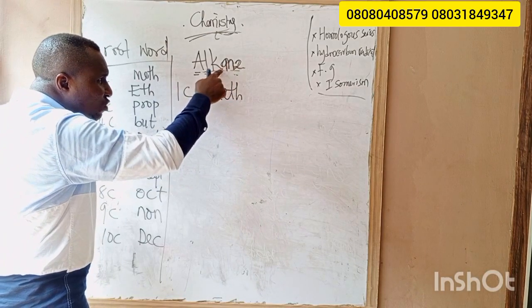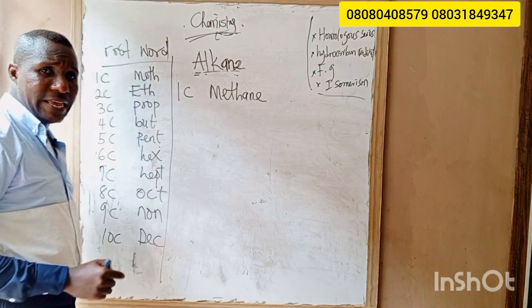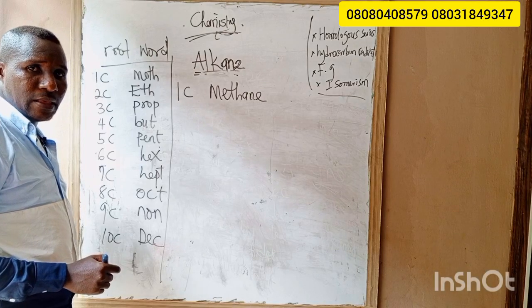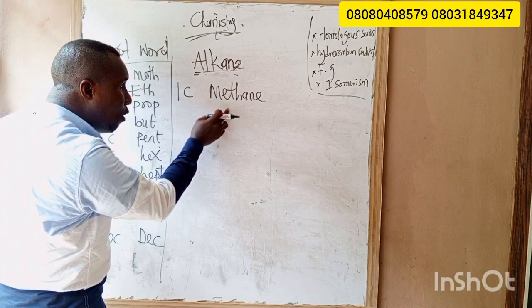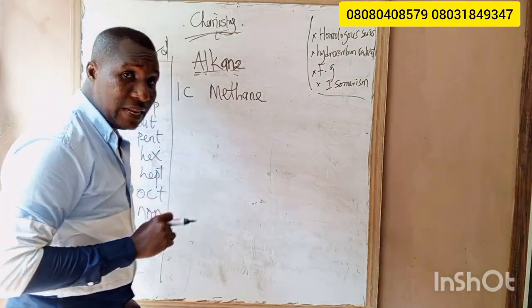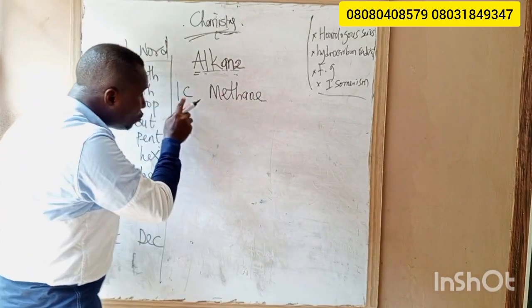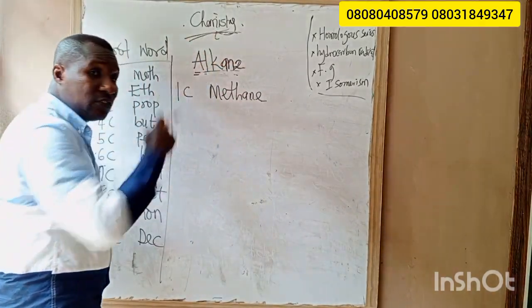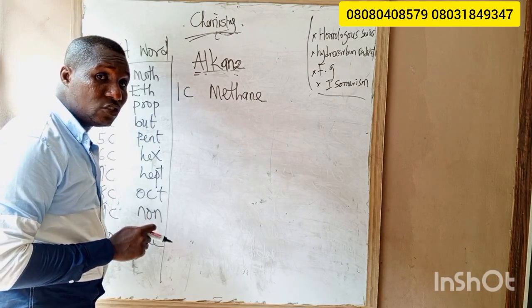Then you now add the surname, which is ANE, which is methane. This ANE shows that this one carbon belongs to this family, which is what? Alkane. Belongs to the homologous series of what? Alkane.